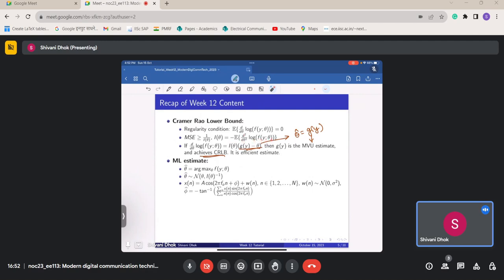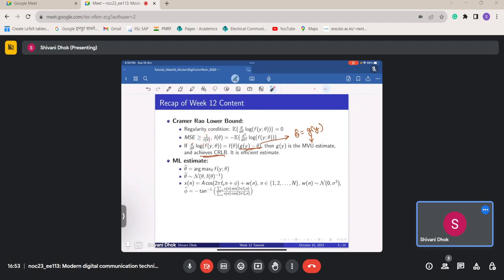So basically, first we need to check whether the regularity condition is met. If it is met, then we find the Fisher information using this formula, and then we say that the mean square error will be greater than or equal to 1 by I theta.